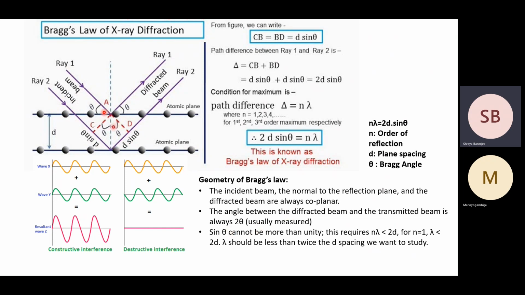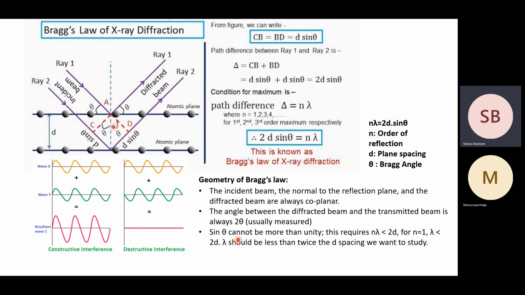The transmitted beam is basically if this incident beam passed through without any deviation. So you can see this is theta and this angle is also theta. So the transmitted beam would be like this. It would be at an angle of 2 theta to the diffracted beam.